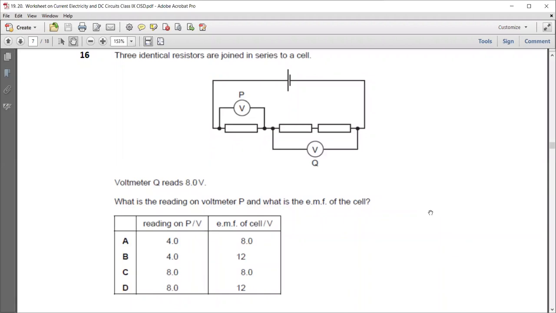And for Q, we have two resistors connected in series. So these two resistors have double the resistance. If somewhere we have double the resistance, then there will be double the voltage shared. So here, if it is 8 volt shared, then in P it will be 4 volt. We do not need to calculate the resistance here. Is it clear to you?